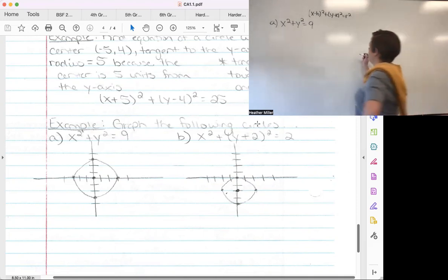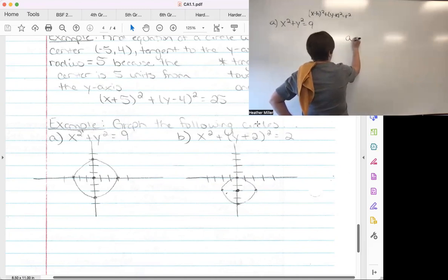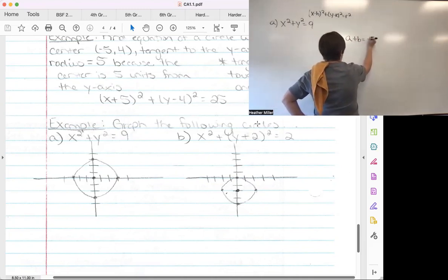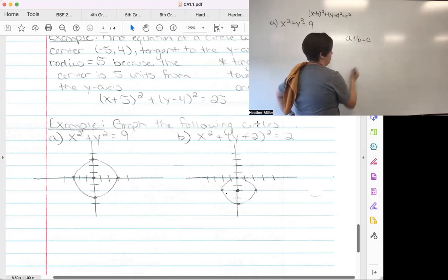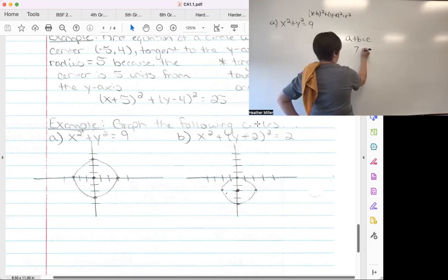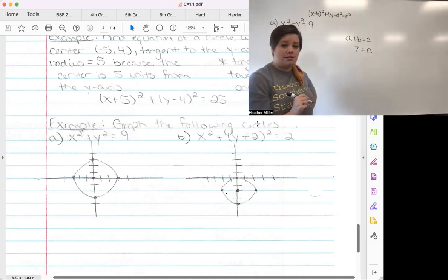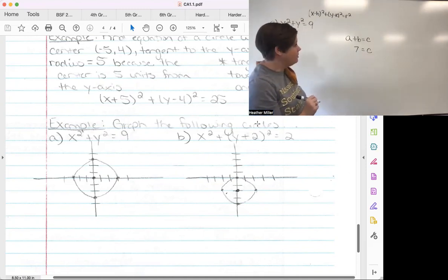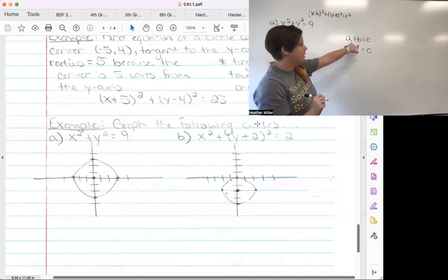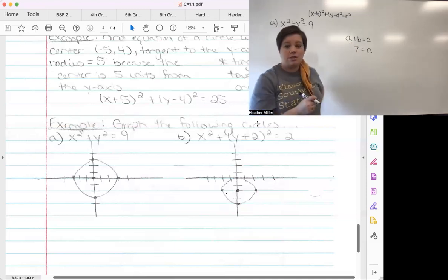Because here's what I would say. If I said I have an equation that looks like A plus B equals C, but I only have 7 equals C, and I need to know what A is, well, either 7 needs to be split, but I'm going to tell you that can't happen.